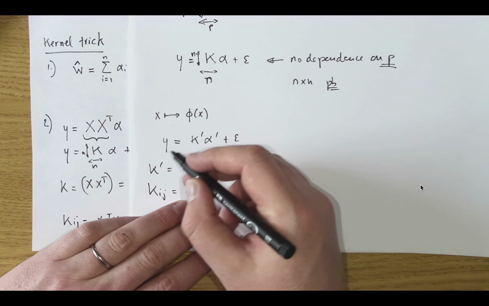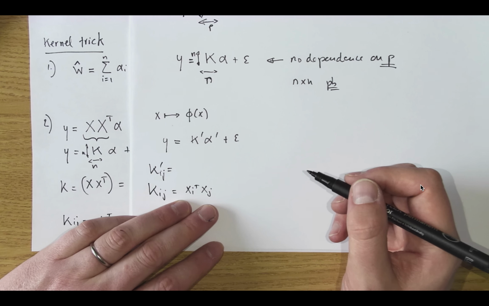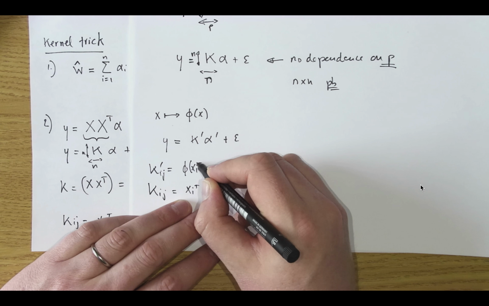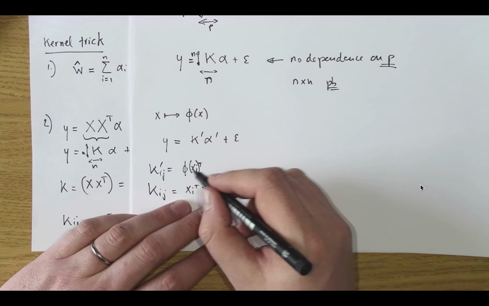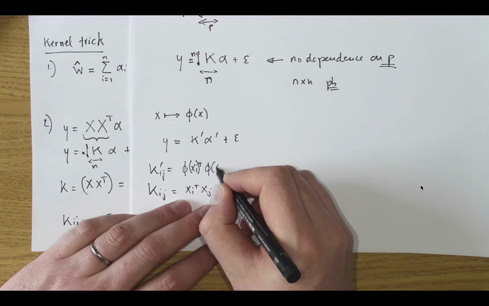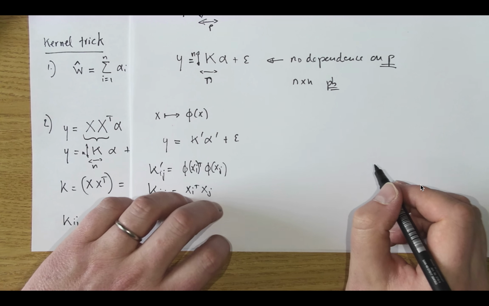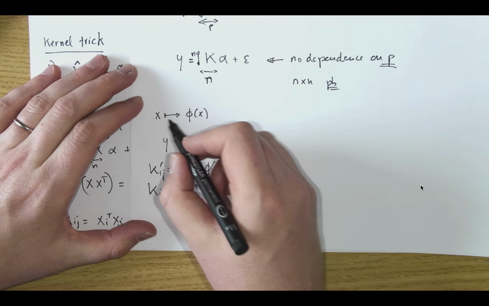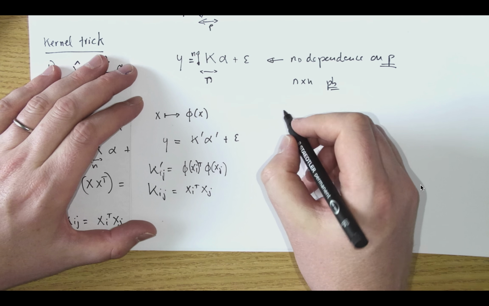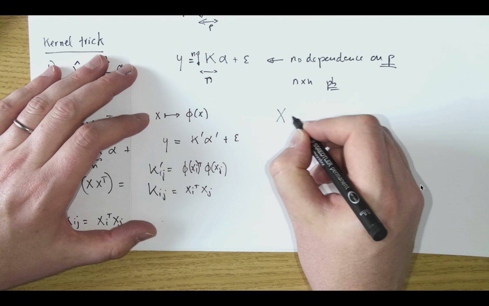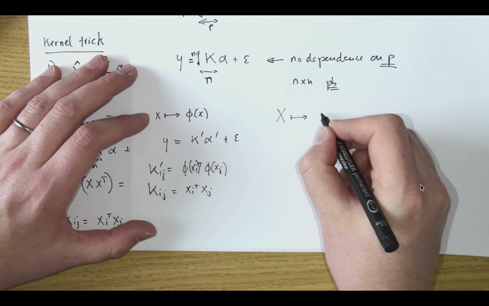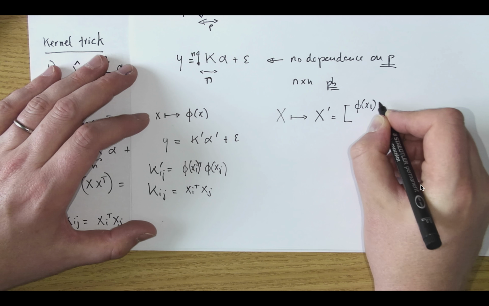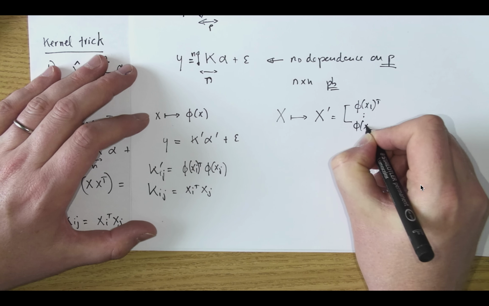And now in this transform mode, what I have here is simply the transform of that feature and the transform of this other feature, okay? So again, maybe I should have started by that. We transform x to phi of x, and now if you look at the design matrix, that will be transformed into a new design matrix, which will be made of these transformed vectors, okay?